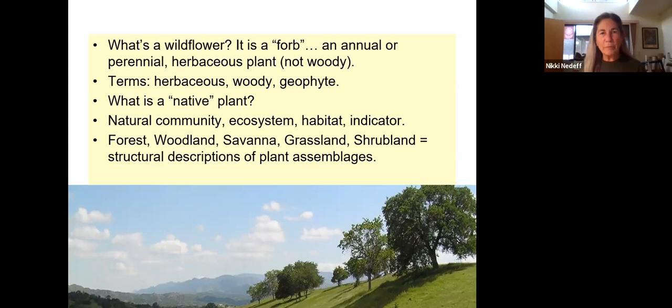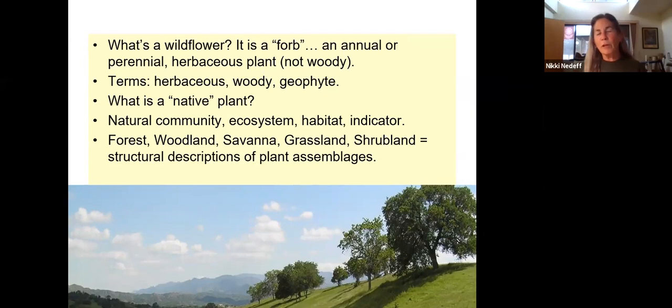So a forb is something that's herbaceous, not woody, and it actually can be a geophyte, like a Calochortus, a fairy lantern, or a Mariposa lily.